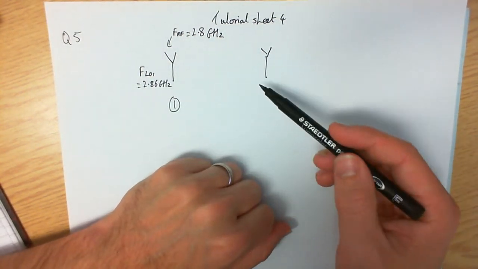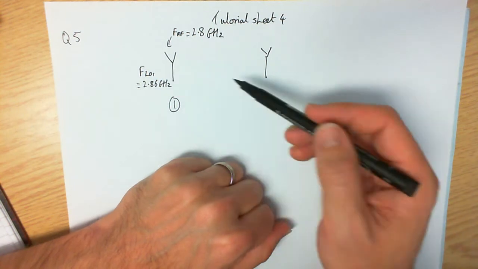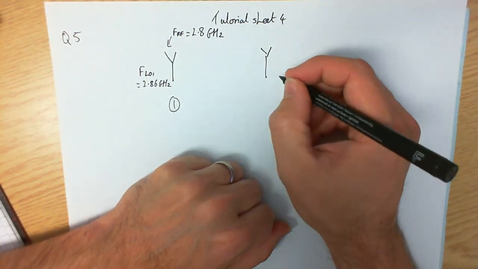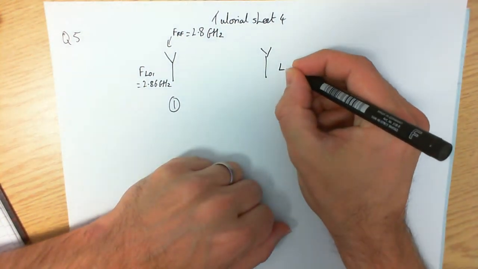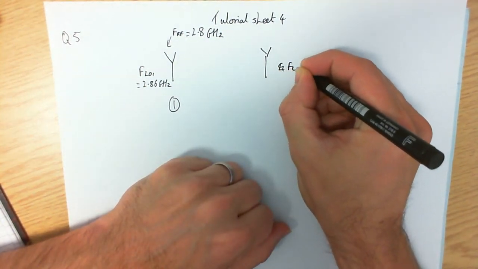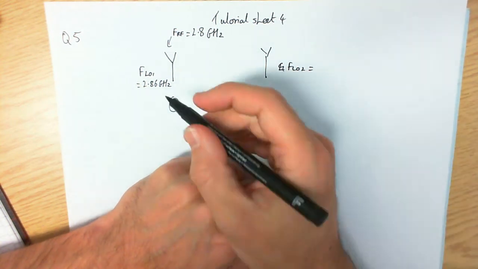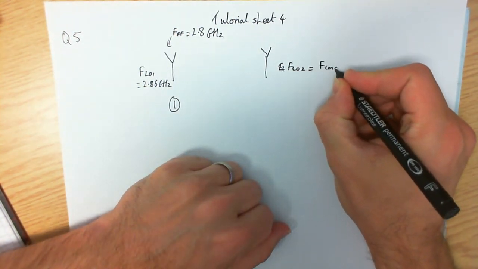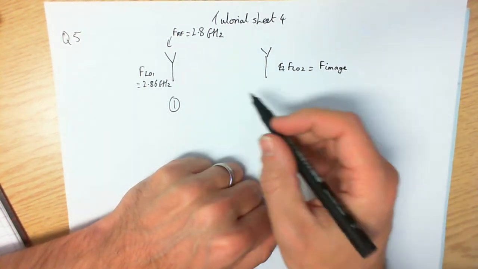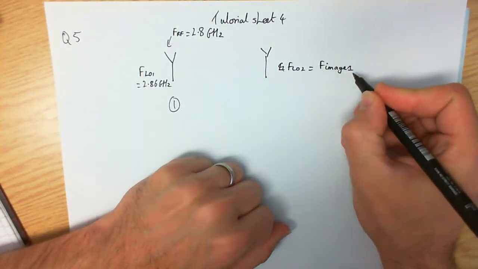And then there's a second receiver which is identical to the first receiver, and that is set with a local oscillator initially, so that would be FLO2, which is set at the image frequency of the first receiver.